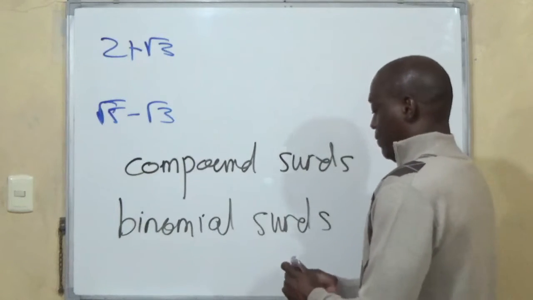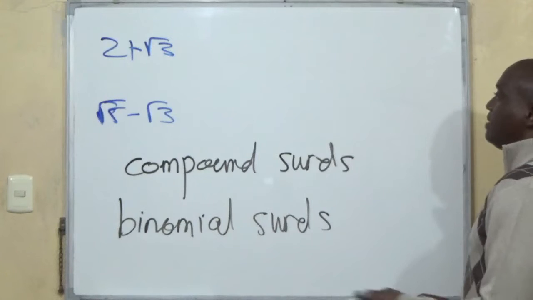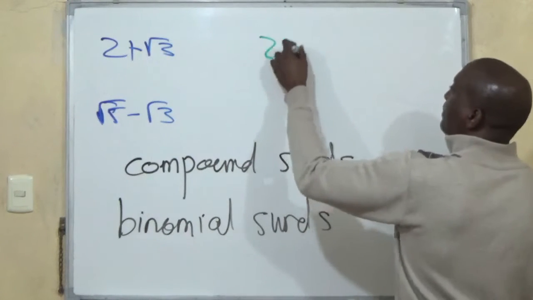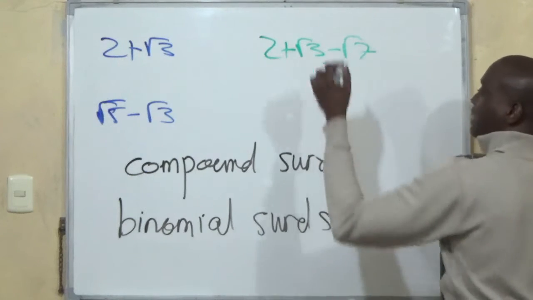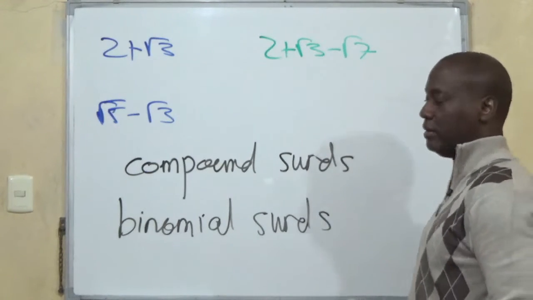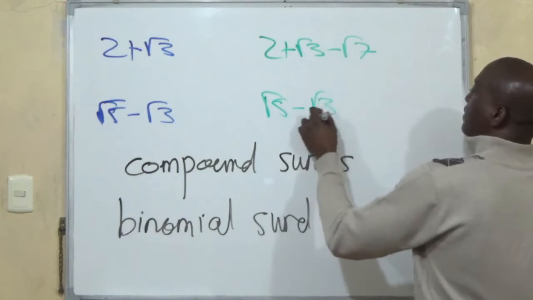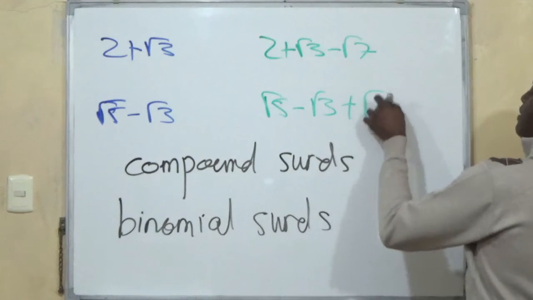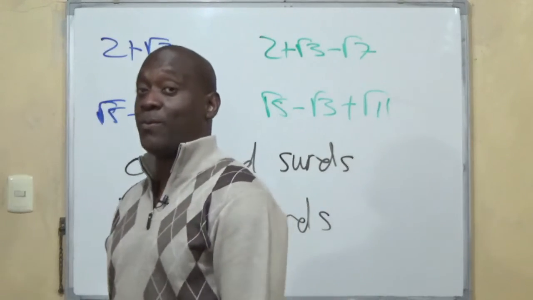Because we could have a surd that looks like this. We could have 2 plus root 3 minus root 7. That's a compound surd. We could have root 5 minus root 3 plus root 11. That's a compound surd too.